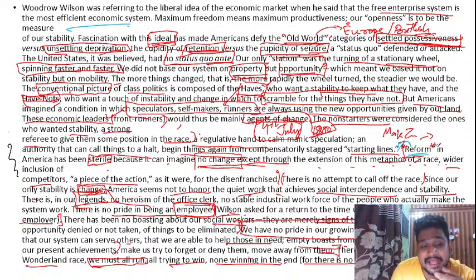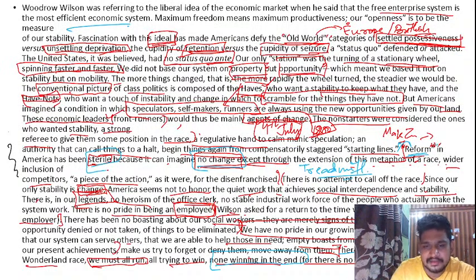Reform in America has been sterile, and there is no change, and this is final. There is no honor, but in the Wonderland we all must run, and there is none winning at the end. There is a treadmill. There is no end to a treadmill's length, right? The track, right? Something like that.